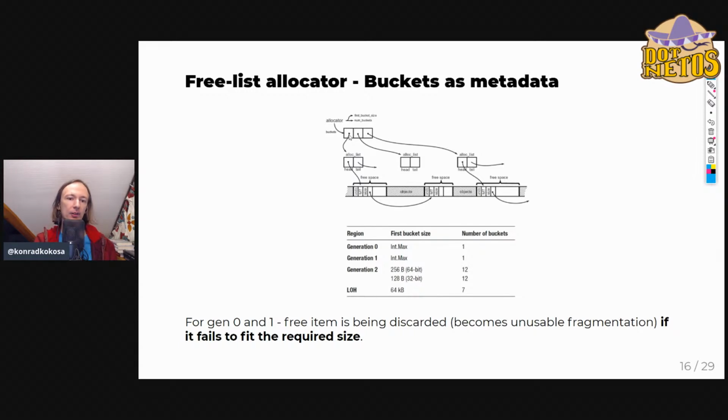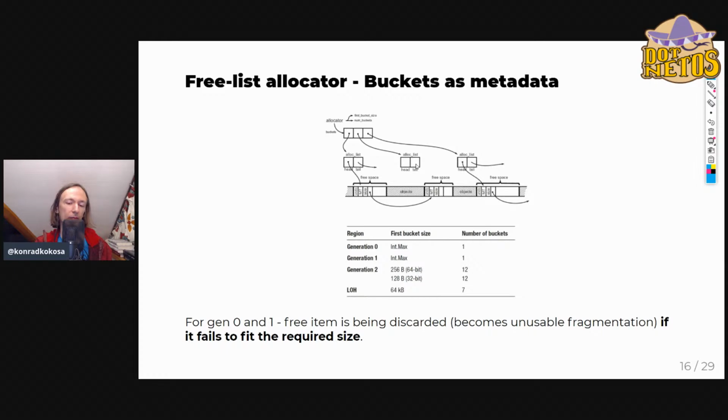Every such pointer here will be pointing at the description of our free item list, and there will be a head stored, and for efficiency purposes also a tail. The head will be pointing to the first element inside our bucket, and if there are multiple elements in our bucket, they will be linked by our next element pointer.